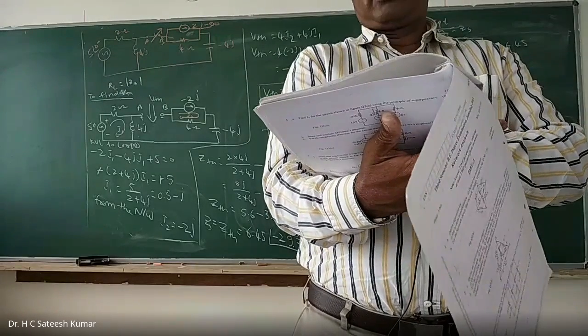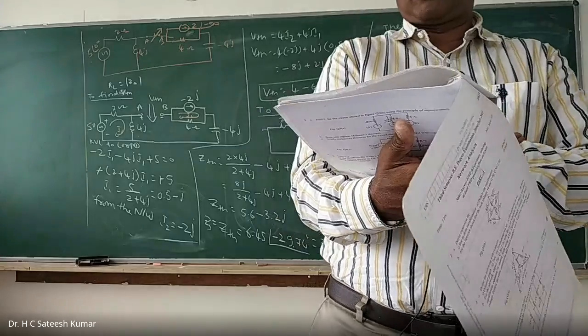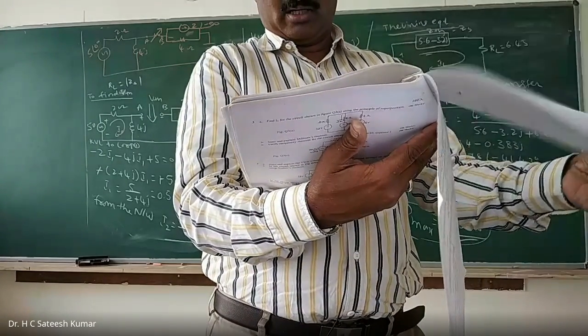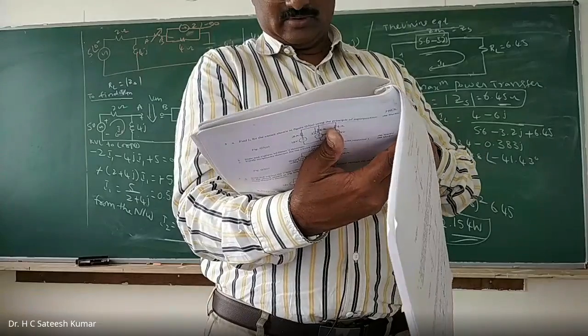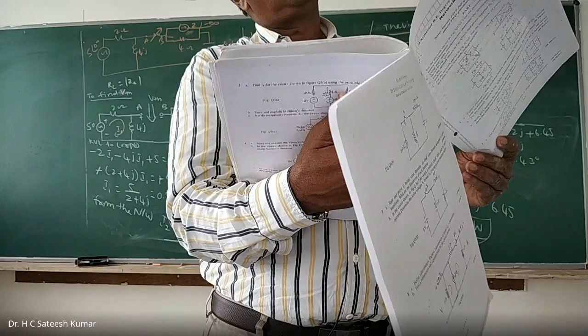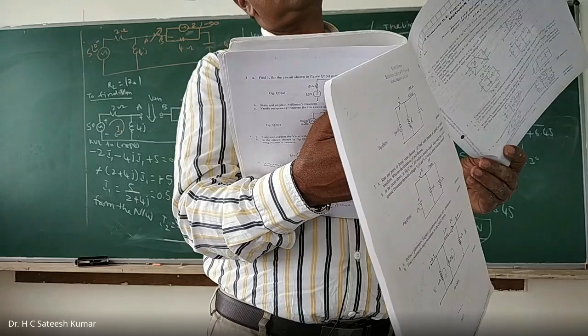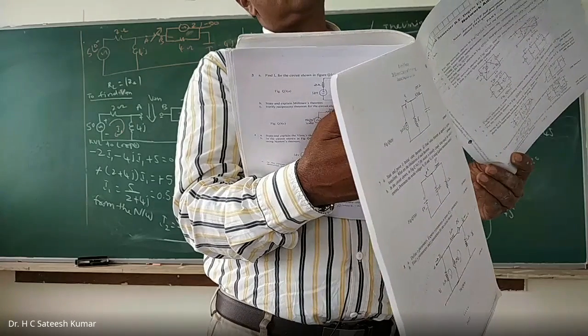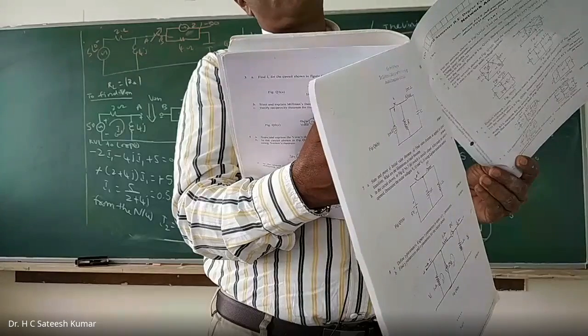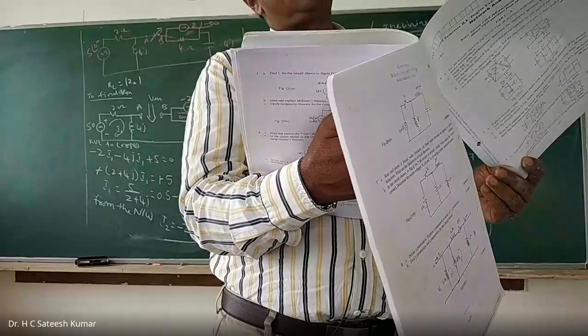In another paper: state the maximum power transfer theorem and prove ZL is equal to Z naught star. So that means the third case we should prove. Norton's, Thevenin's, power transfer. Okay, once again: state and explain the maximum power transfer theorem with a load impedance consisting of variable resistance and variable reactance.